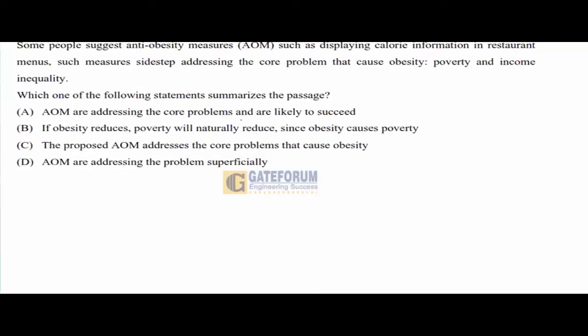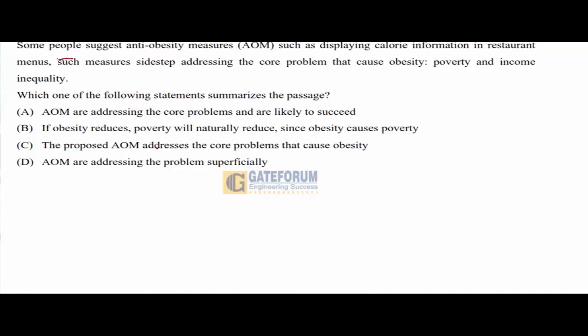Some people suggest anti-obesity measures, AOM, such as displaying calorie information in restaurant menus. I don't think in proper English this word "such measures" would have been placed.